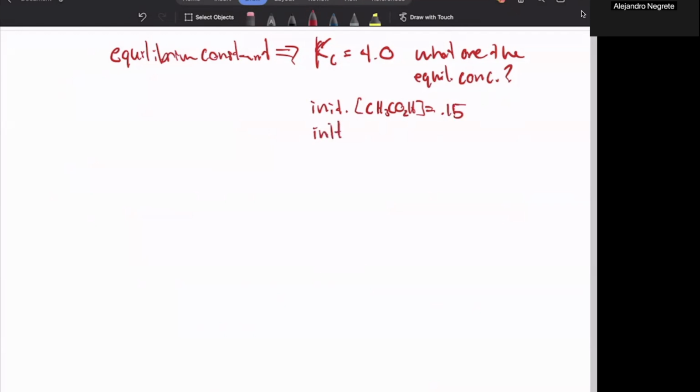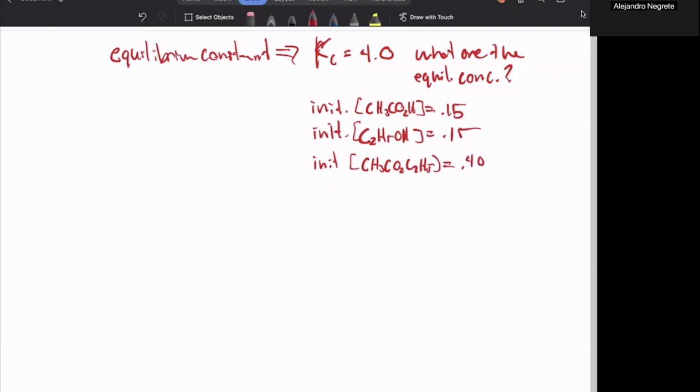And our initial concentration of ethanol, 0.15. We do have an initial concentration of this, equal to 0.40 molar.